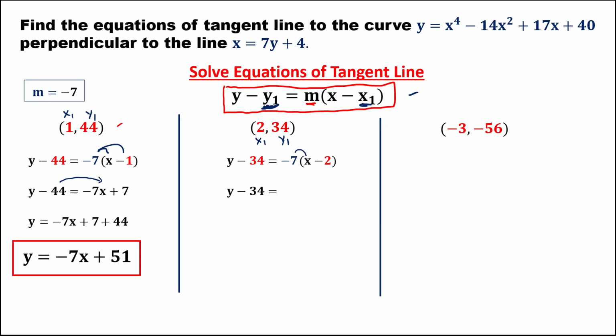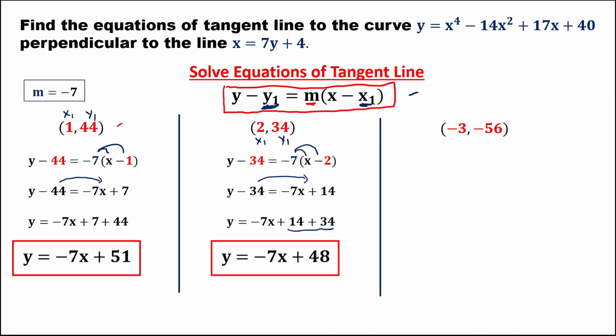So this becomes negative 7x positive 14. Then transpose to the other side, so this becomes positive 34. So we have y equals negative 7x plus 48. So this is now the second equation of the tangent line.